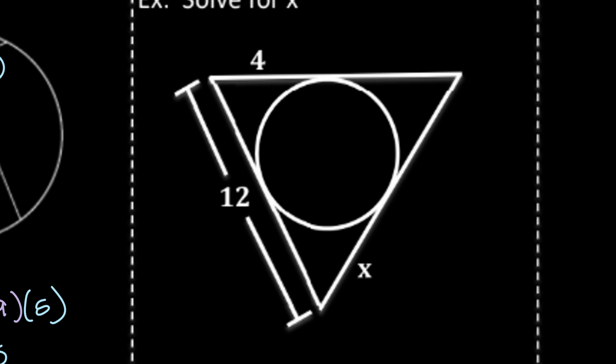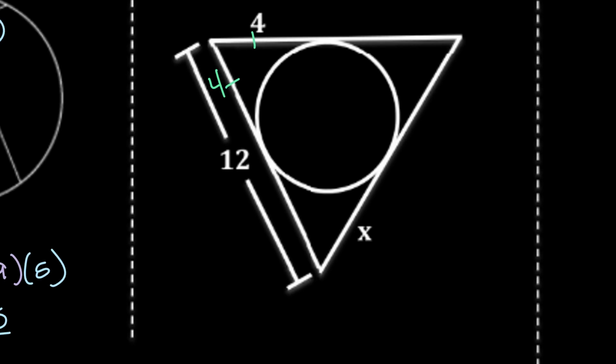What can we immediately know the length of? Which party hat? The one that has a what value on it? 4, right? If this is 4, what's the other side of the party hat? 4. Then, because I know that is 4, what else can I find?